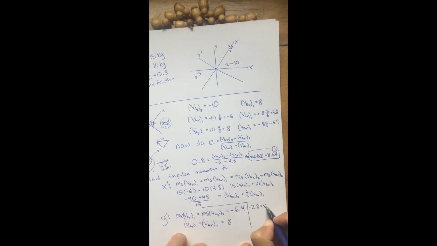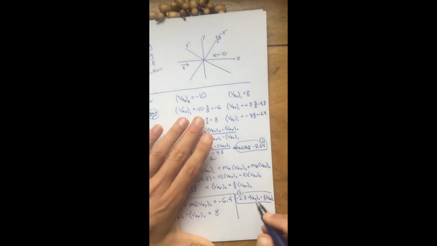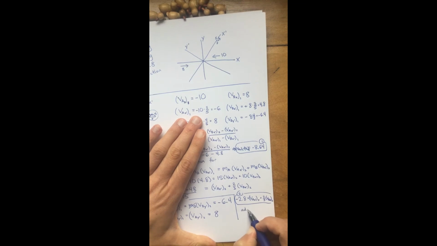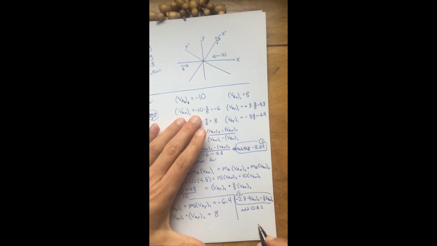This is equal to VA x prime 2 plus 2/3 VB x prime 2. This is equation 2. Now I have equation 1 and equation 2, and because I divided both sides by 15, if I take equation 1 and add it to equation 2, VA x prime 2 will disappear. So I'm going to add 1 and 2 together.